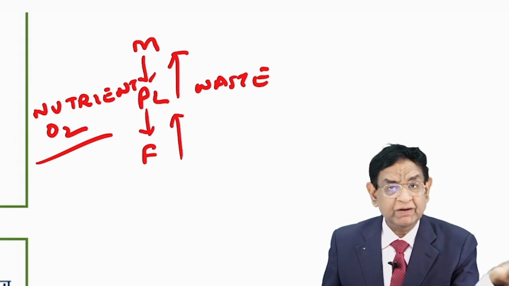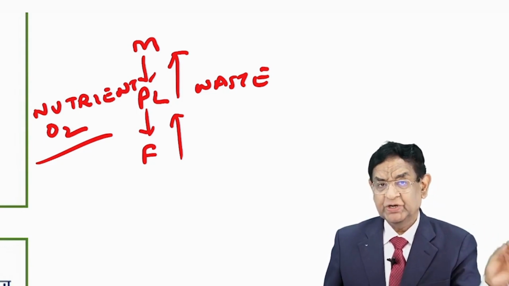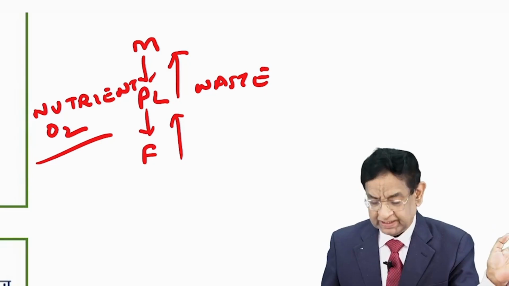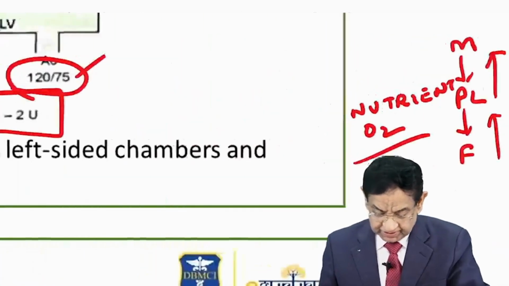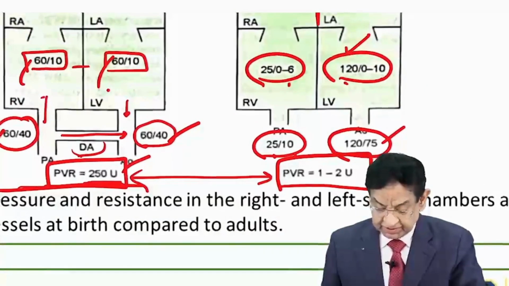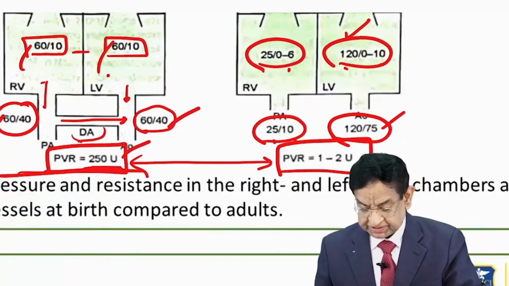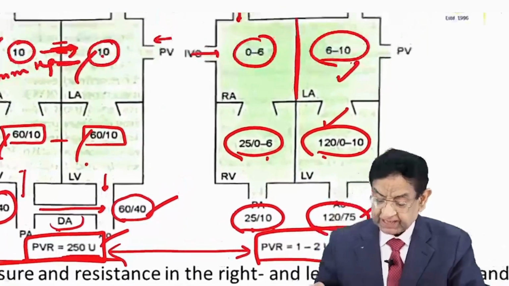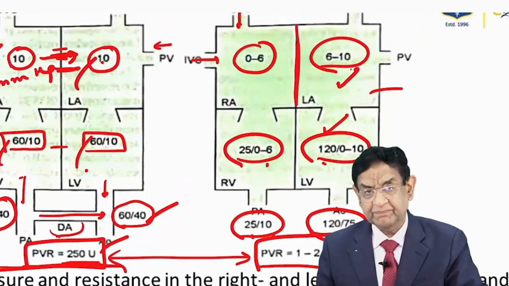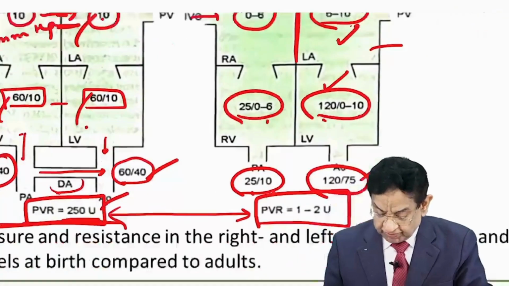Of course they are developing, but non-functioning. Only a little amount of blood goes to the lungs. Agreed. So having learned this basic, we understood the key factor is increased pulmonary vascular resistance. I'll come back to this slide once again, but you have noted down the figure that I'll be needing later once again.